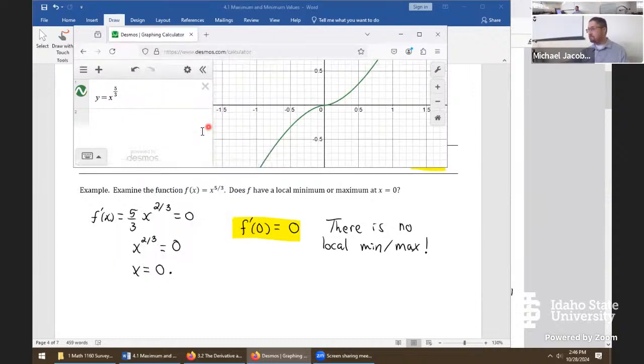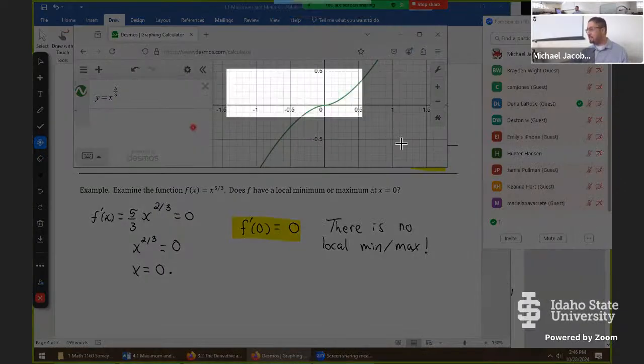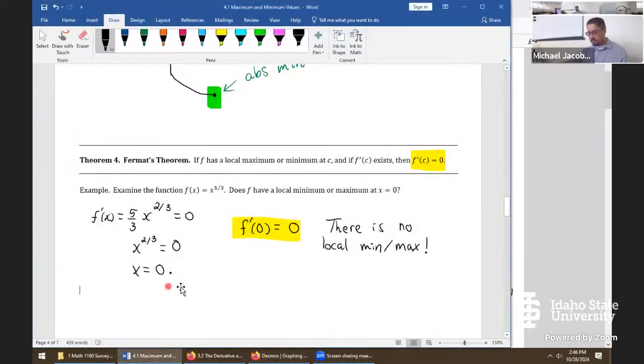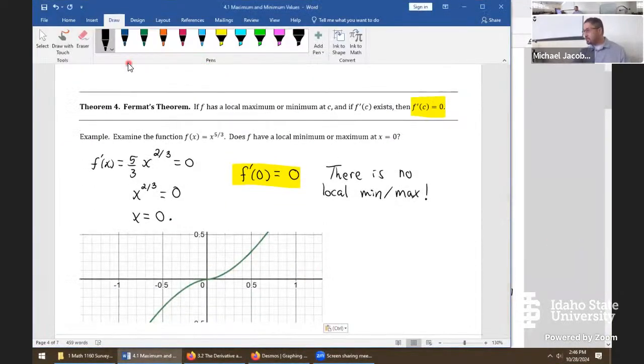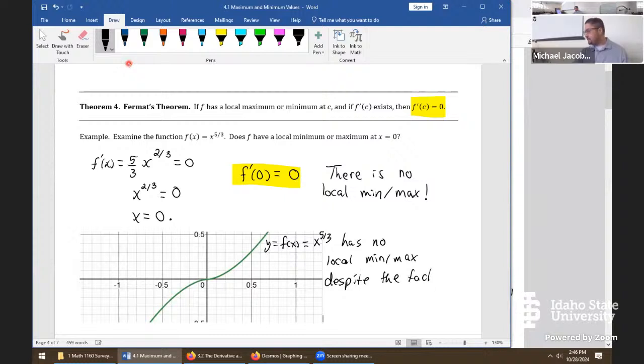So let's plug this in just as a punchline to our problem right here. This is y equals f of x, which is x to the power 5/3, and it has no local min nor max, despite the fact f prime of 0 is 0 on that graph.